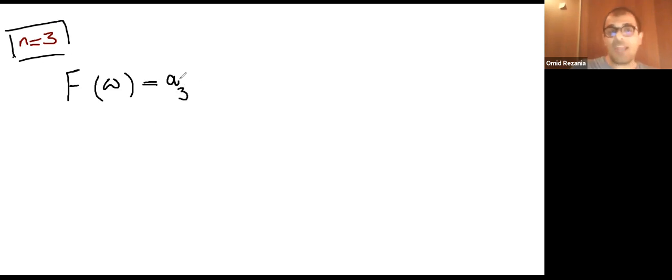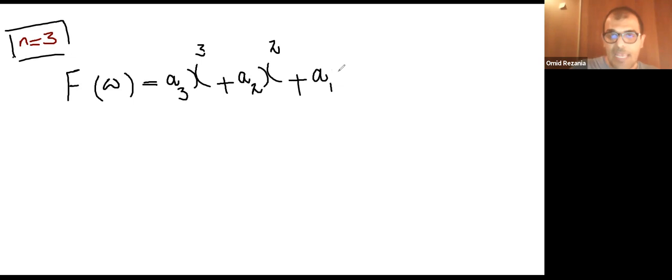It can be a3 x to the power 3 plus a2 x to the power 2 plus a1 x to the power 1 plus a0. You can write either x to the power 0, or you cannot write it. Normally you do not write it because that's what we call the intercept.